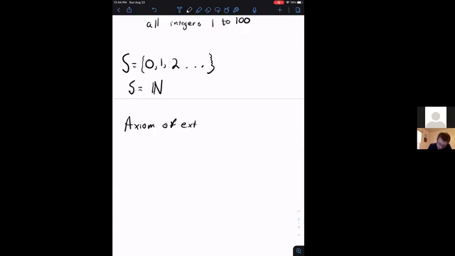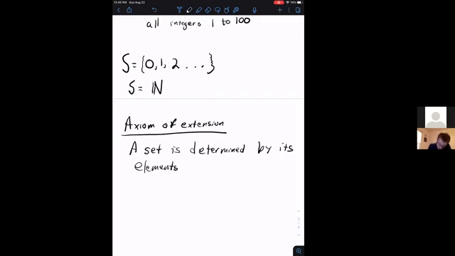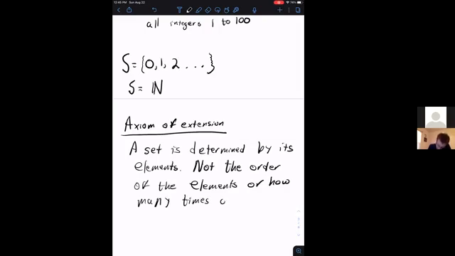What the axiom of extension says is that a set is determined by its elements, not the order of the elements, or how many times an element is listed.